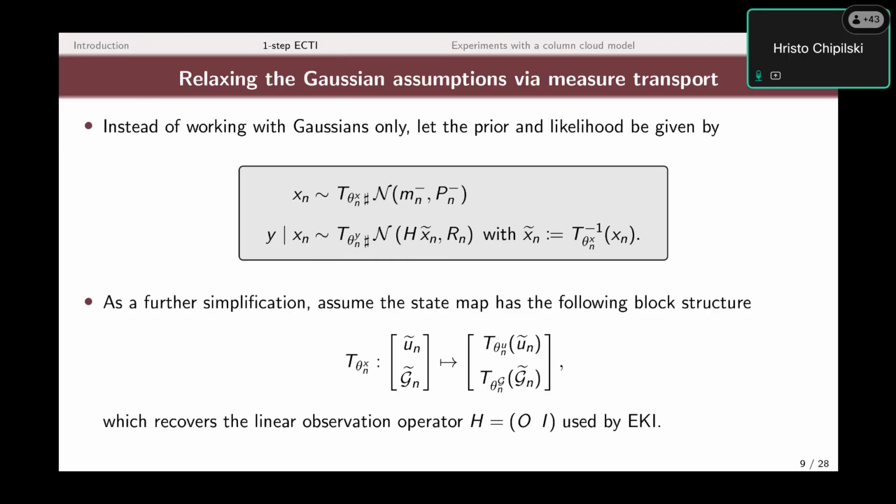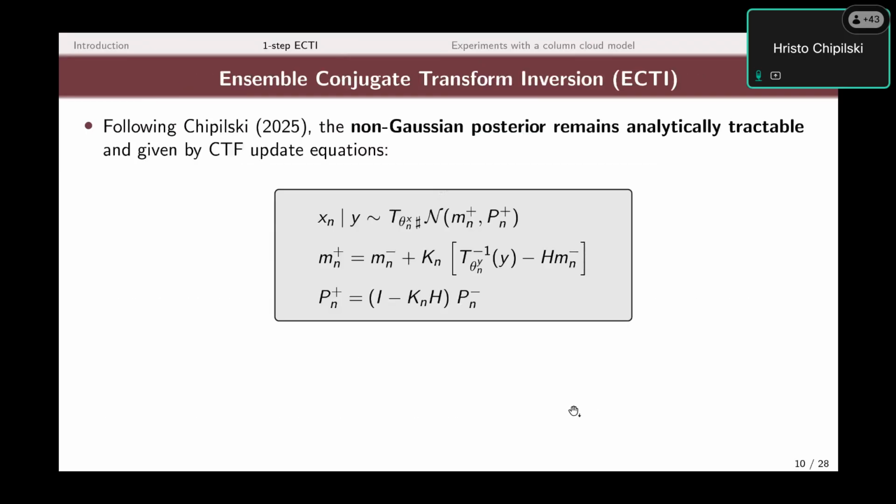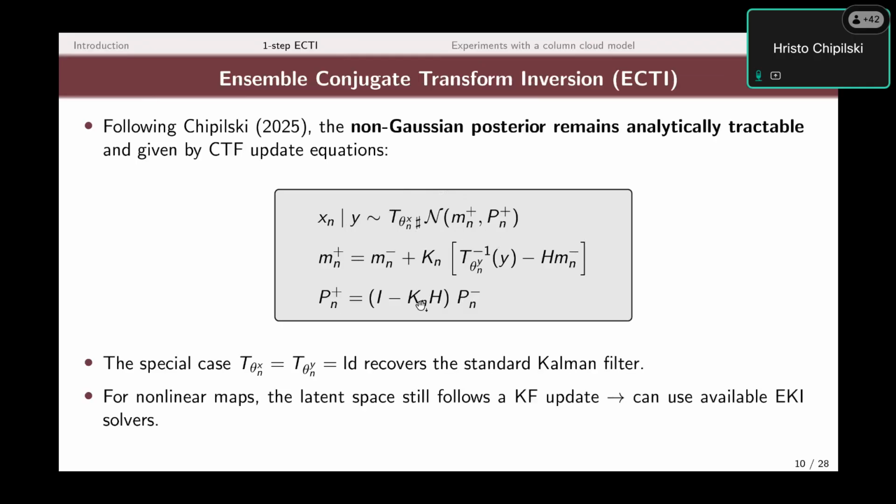Now, using some of the theoretical results from my 2025 paper, we can show that under these distributional assumptions over the prior and the likelihood, the posterior is available in closed form. We can write it exactly and analytically. And you can notice here that the transport map appearing in the solution is the same transport map that we use for the prior, but the reference Gaussian parameters are updated using the Kalman filter equations.